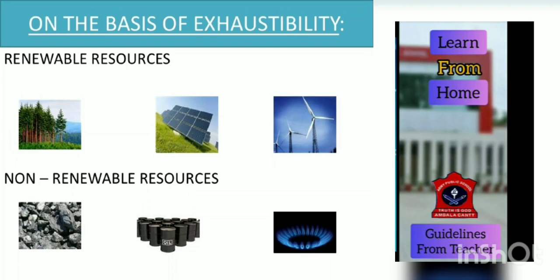Non-renewable resources, on the other hand, are the resources which are in limited supply. They are exhaustible in nature. The minerals present on the earth are non-renewable, whereas sunlight, wind, water are renewable resources.